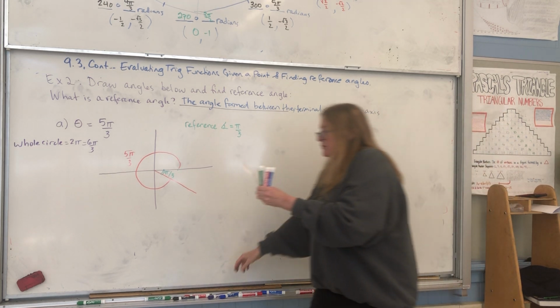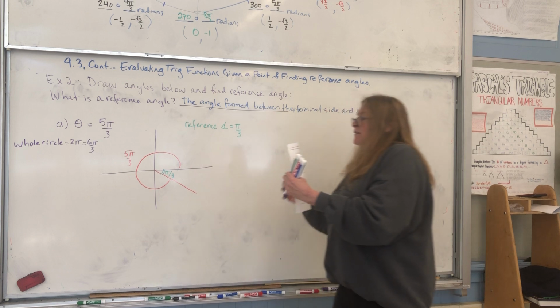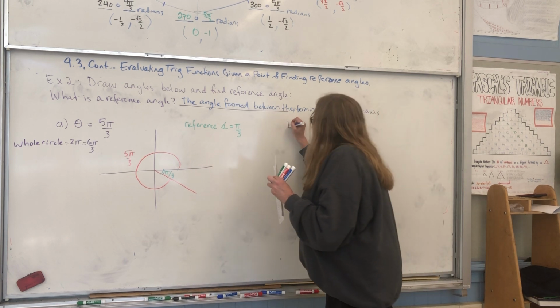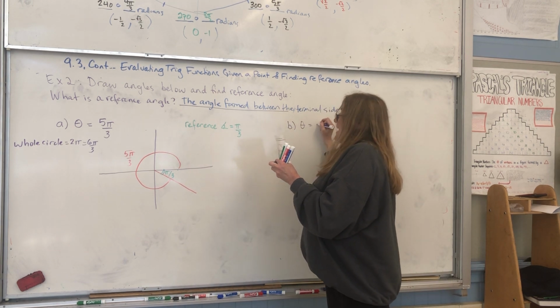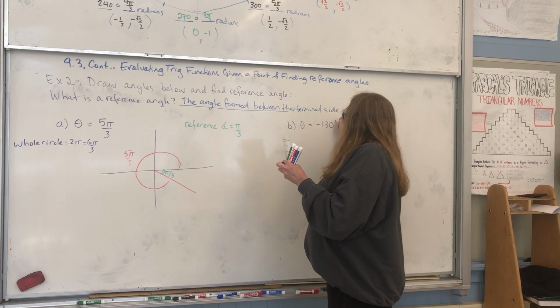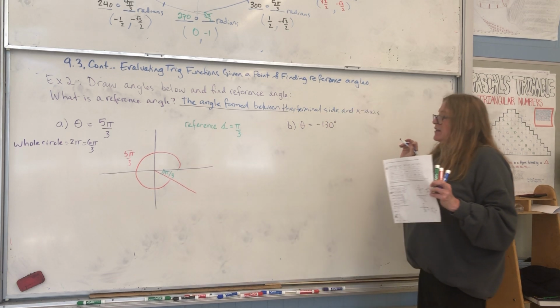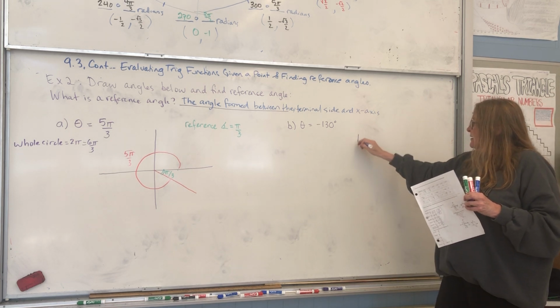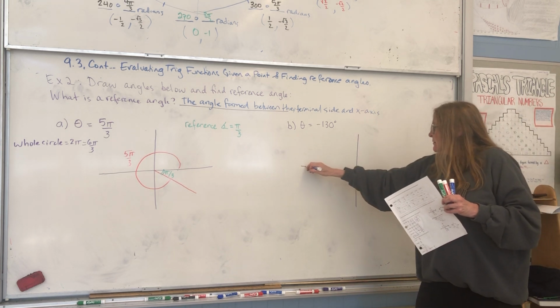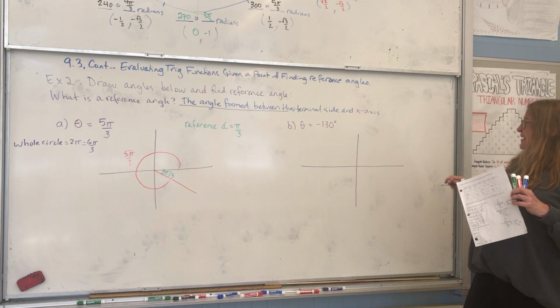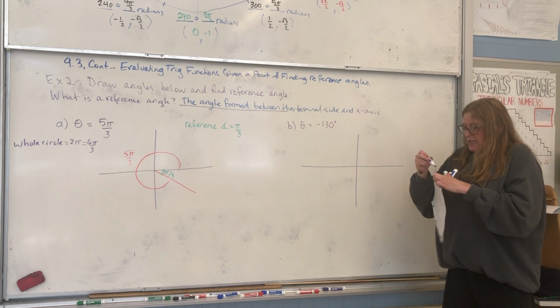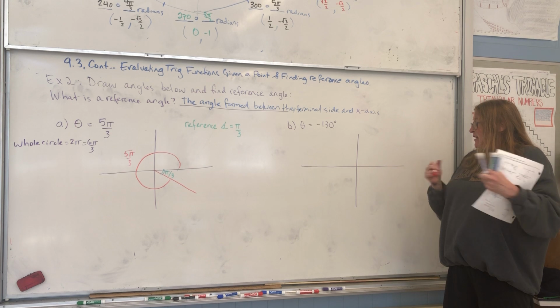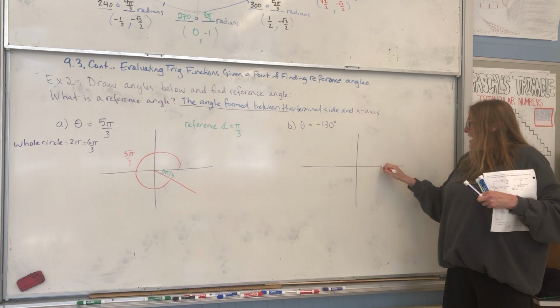Okay, let's try another one. Let's draw the angle negative 130 degrees. So if I want to draw the angle negative 130 degrees, let's draw our axis. Negative 130 degrees means I'm going to start at my starting point and head down.